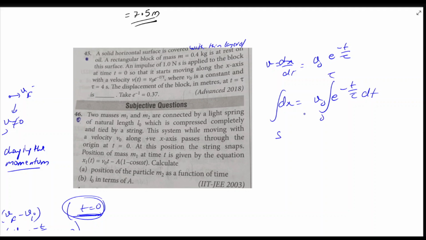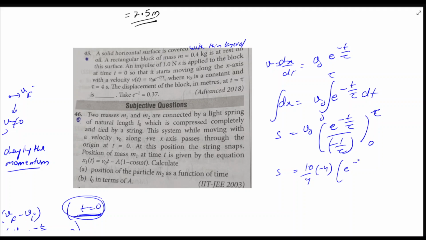This will be v naught e to the power minus t by tau, divided by minus 1 by tau, from 0 to tau. So v naught was 10 by 4, and tau is actually 4, so it will be minus 4, and putting t equal to tau, this will be e to the power minus 1, minus 1.